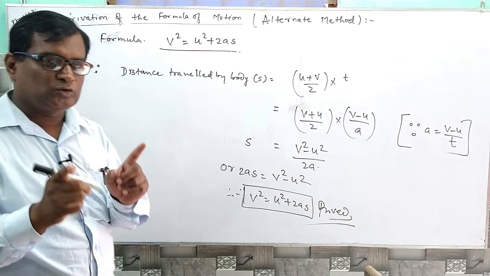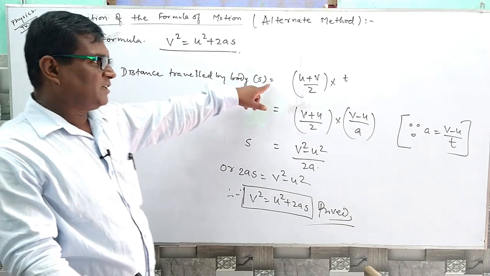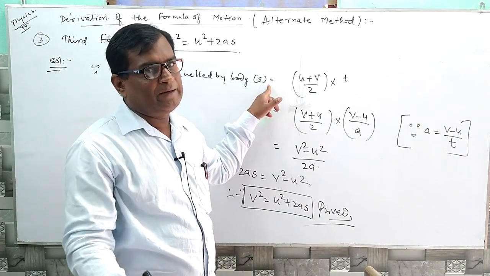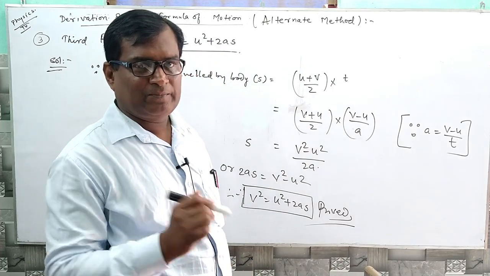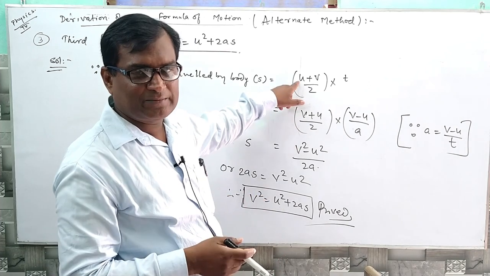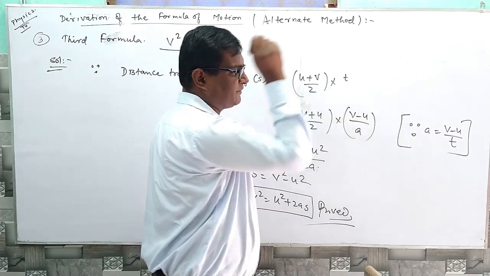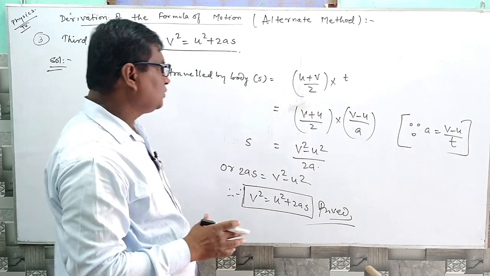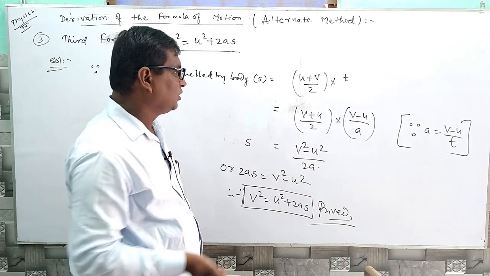Students, as you know, the distance travelled by a body is equal to the average velocity into time. Average velocity is u plus v by 2, and time t is the time taken to travel the distance.